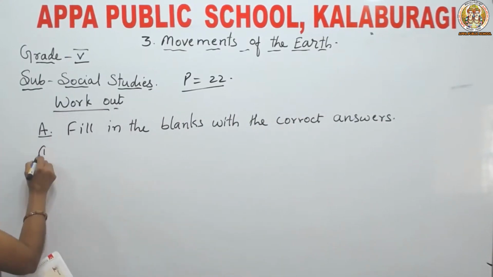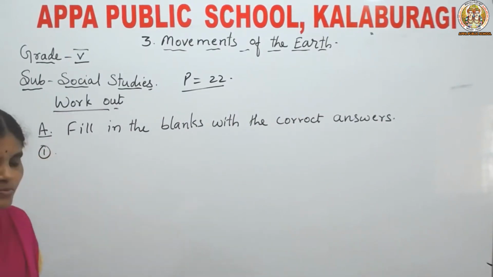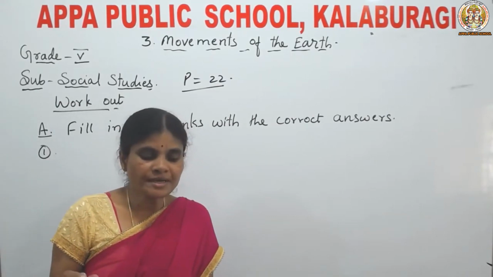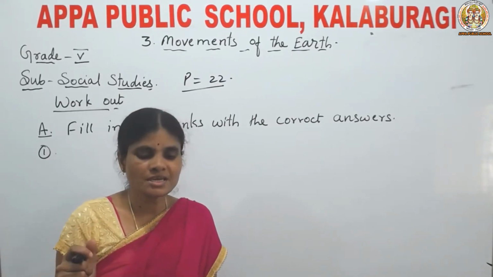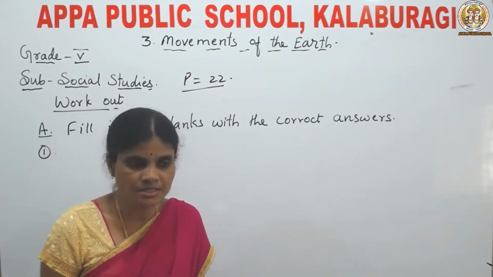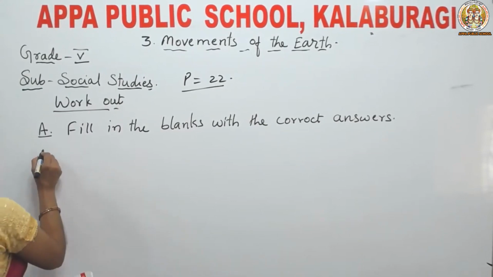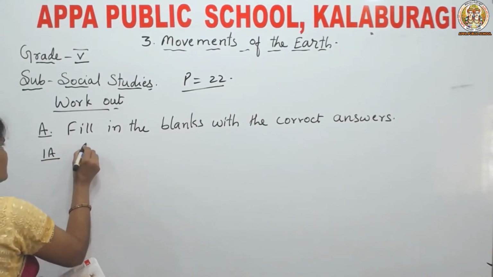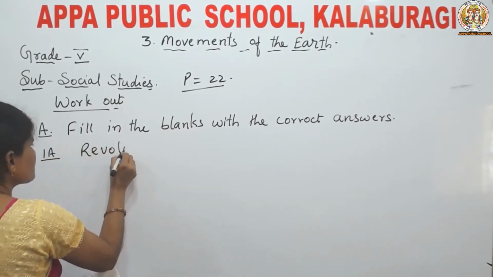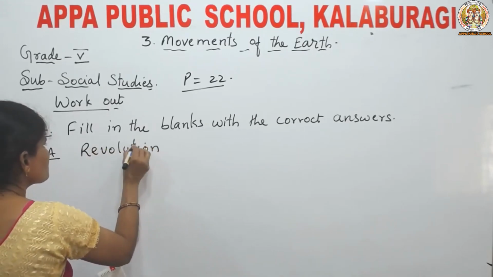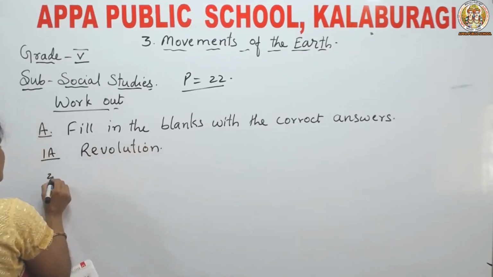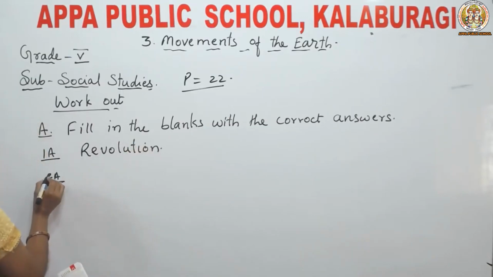Under this, the first one: the dash of the earth causes changes of seasons. Seasons are caused due to the revolution of the earth. First one is revolution.